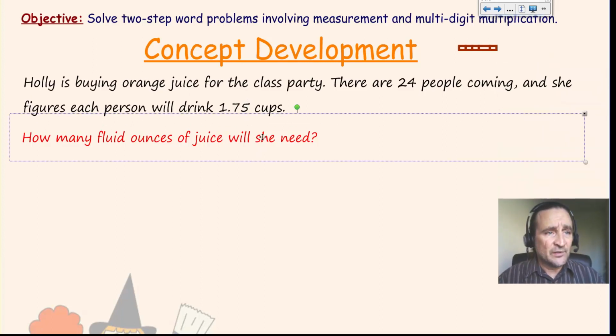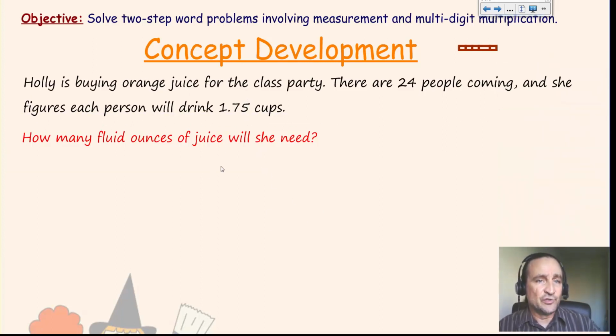So now it says that Holly is buying orange juice for the class party. There are 24 people coming, and she figures each person will drink 1.75 cups. The question we're going to be faced with is, how many fluid ounces of juice will she need?